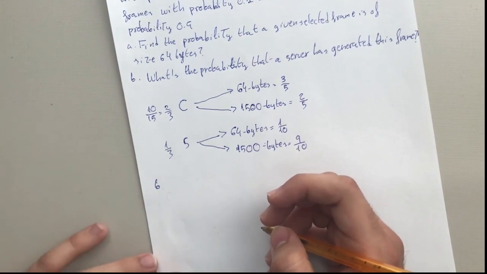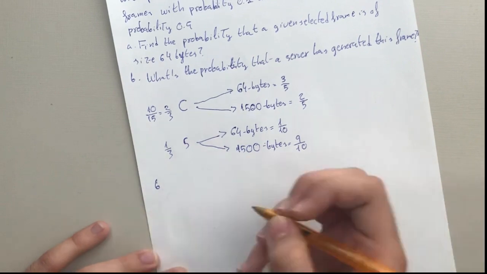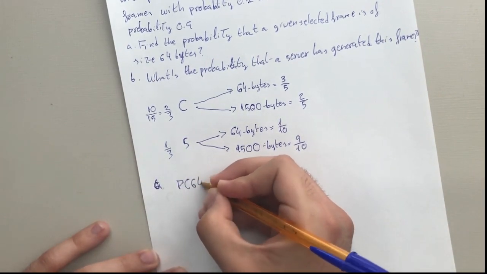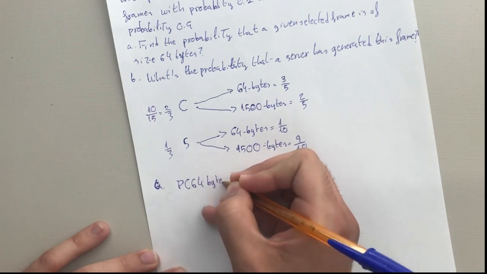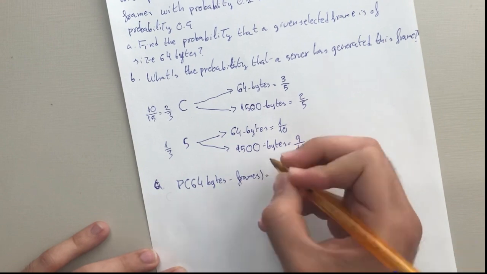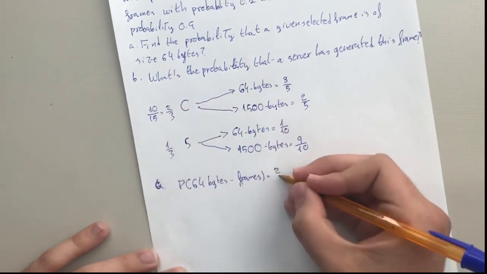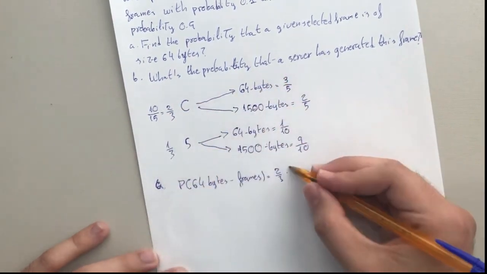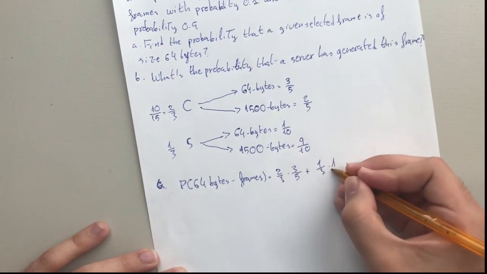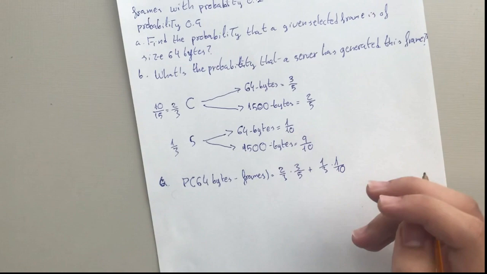So the probability that a given selected frame is size 64 bytes will be the probability of 64-byte frames. So it will be 2/3 times 3 over 5 plus 1/3 times 1 over 10.